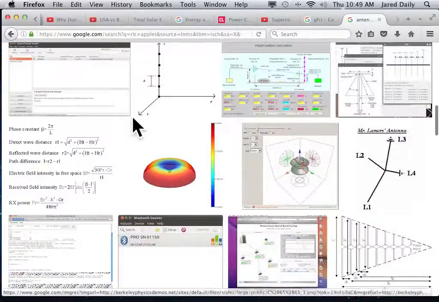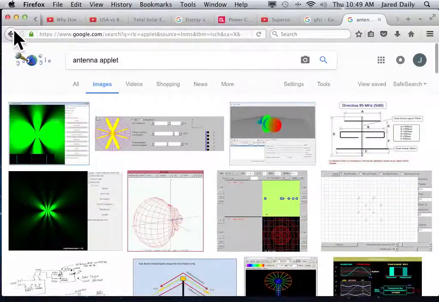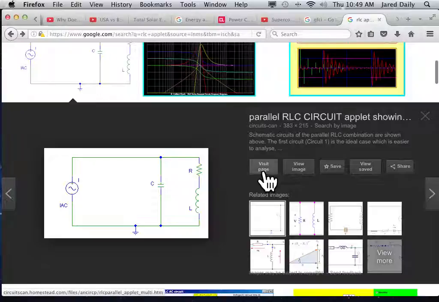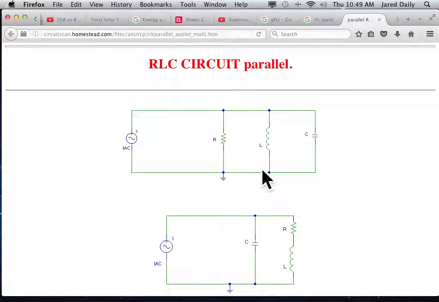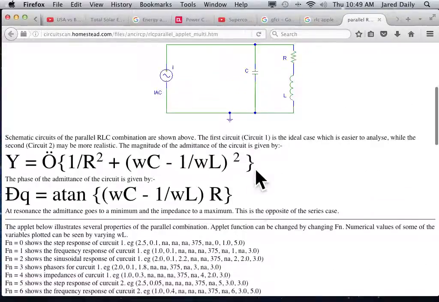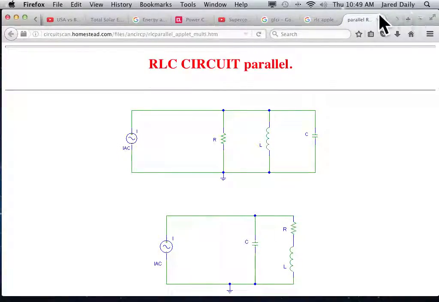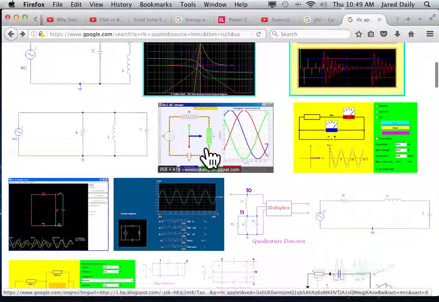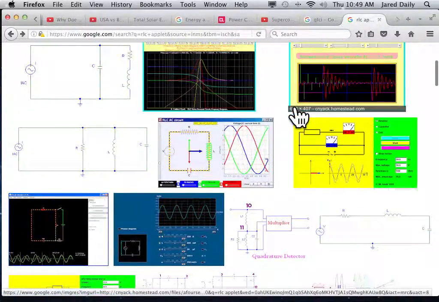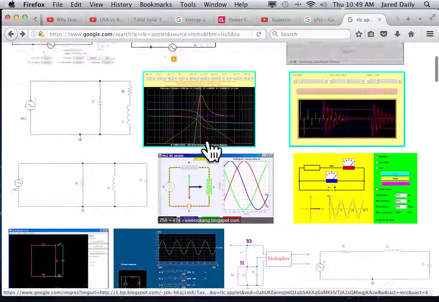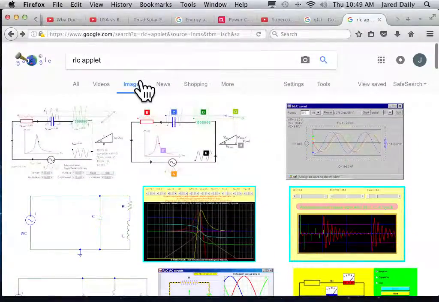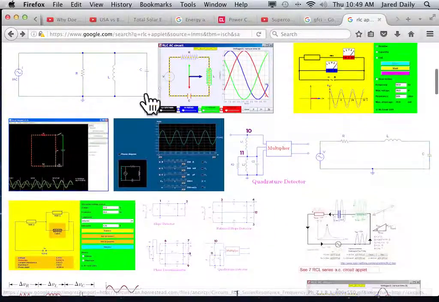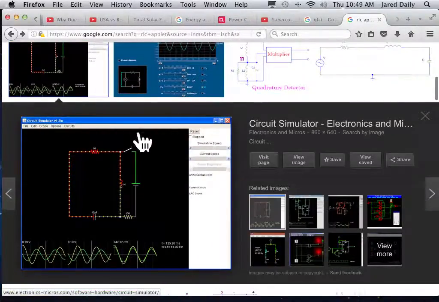They used to have a really good one. I'm not seeing it here anymore. Let's go back to our RLC applet. This one is not a bad one. Yep, that's not working for us. All right, we'll go back to the other one. We'll make the other one work. This one, right? Okay.